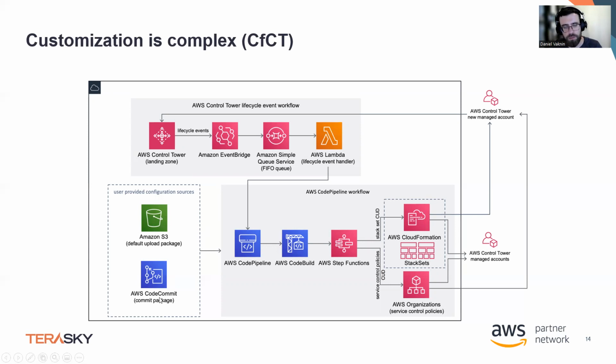You can also use CodeCommit if you want. Once the package is there, it will trigger a pipeline, which will trigger CodeBuild to build your build machine, and then it will trigger multiple step functions. Then it will actually deploy the CloudFormation templates to the accounts and assign the organizational policies to the accounts or OUs. So this whole solution is a bit complex.